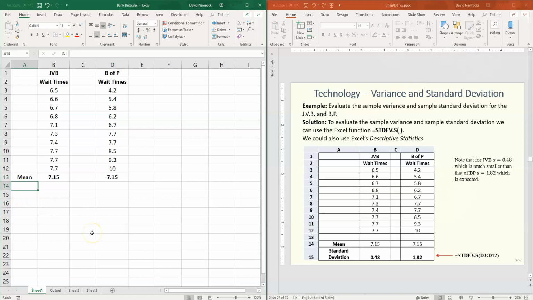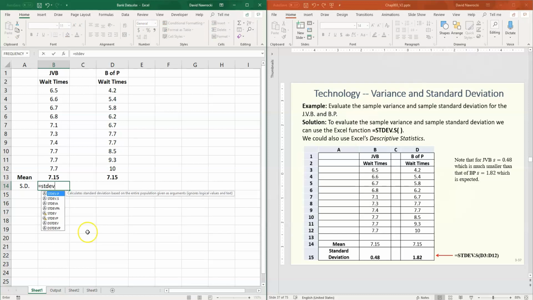Now the variance and standard deviation are pretty easy. For the standard deviation, we're going to use this function, equals stdev. Now we have a lot of choices here. We want to use the stdev.s function. That's for sample standard deviation.